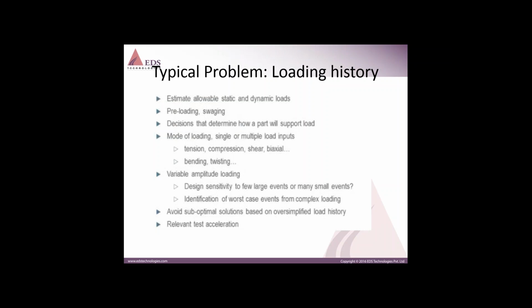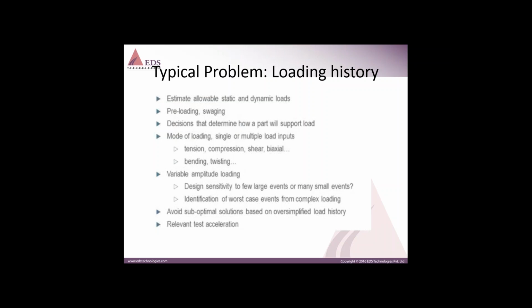Another typical problem is loading history. This is the final typical problem which we are discussing here. A general problem related to loading is a bigger static load, which may be the weight of an engine or the weight of a vehicle, followed by a coupled small dynamic load on top of it.